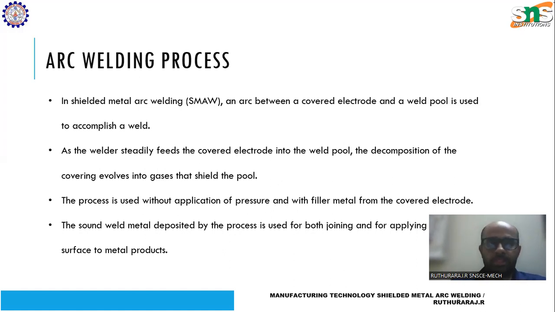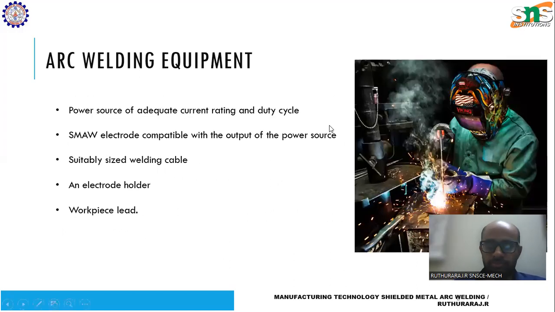So the basic setup we can see here. We have all seen this in our local shops, and in your first year workshop practices lab, you would have seen and done this welding process. It's a simple procedure.